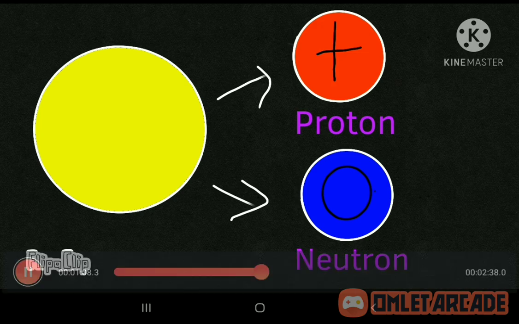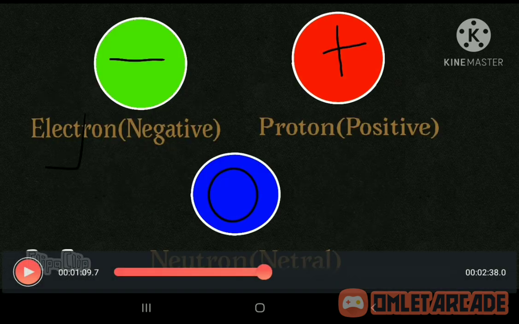You see the symbols there: there is plus, and this is minus, and then there is a zero symbol. So proton has a positive charge, while electron has a negative charge, and neutron has a neutral charge. So zero is neutral.